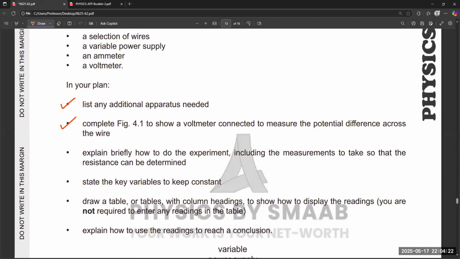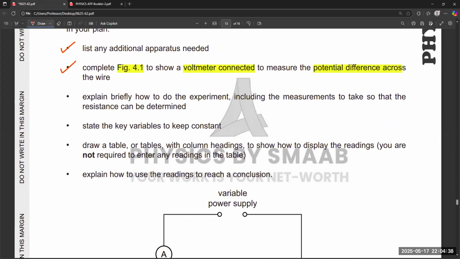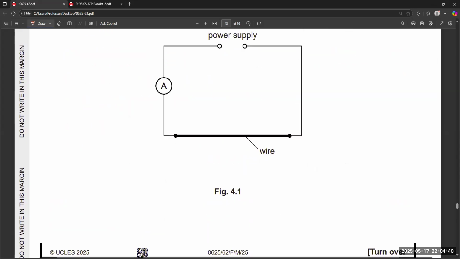Now the second part is complete figure 4.1 to show a voltmeter connected to measure the potential difference across the wire. So we have to show the voltmeter in the circuit. And we know that a voltmeter always connects in parallel. So this is the wire. This is the voltmeter.